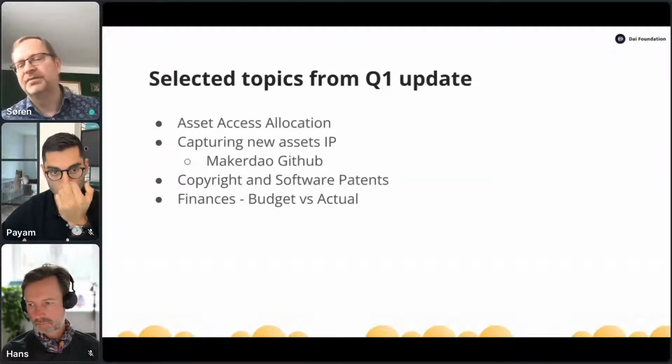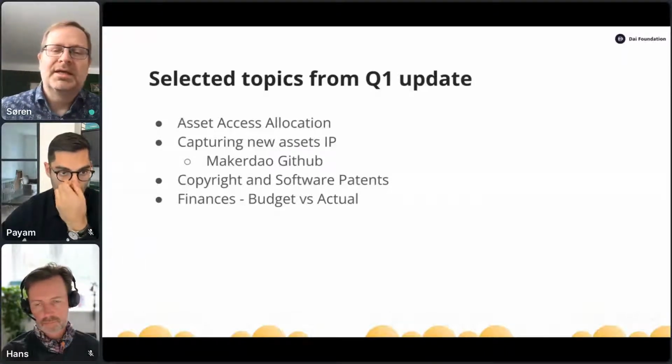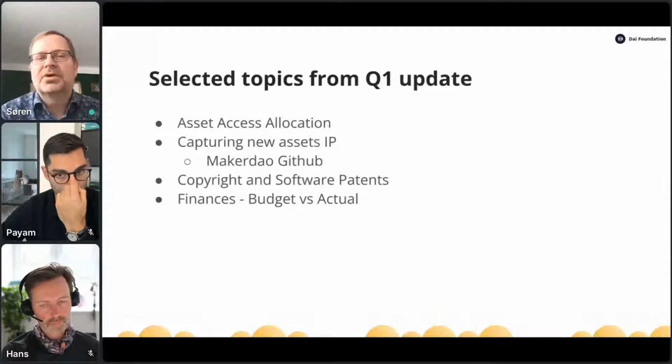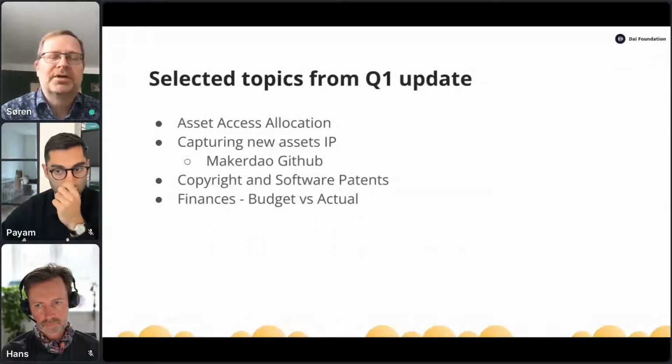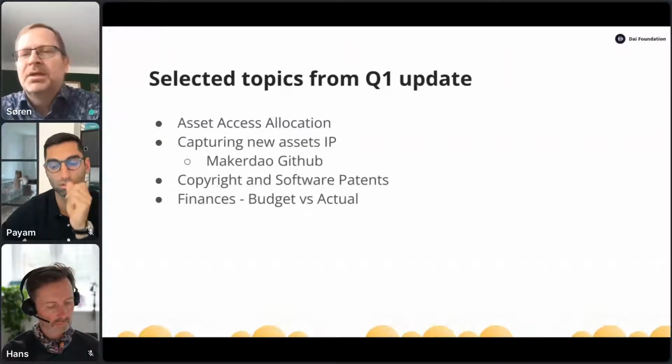That could be, for example, if you have gotten access to a subdomain like auctions.makerdao.com, and you really want to move that to another platform, such as updating the IP target. How do you go about that?